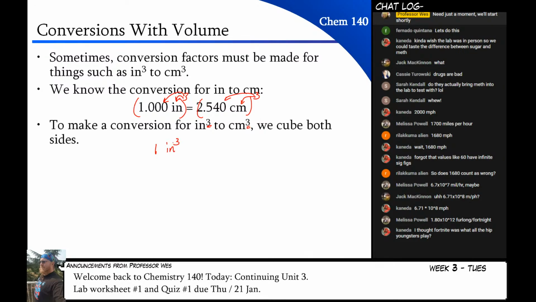Inches cubed is inches cubed. 2.540 cubed, I need to go to the calculator for that. And I get 16.387. There's 4 sig figs here, so I'm going to have 4 sig figs out. And then centimeters cubed is centimeters cubed. There you go.